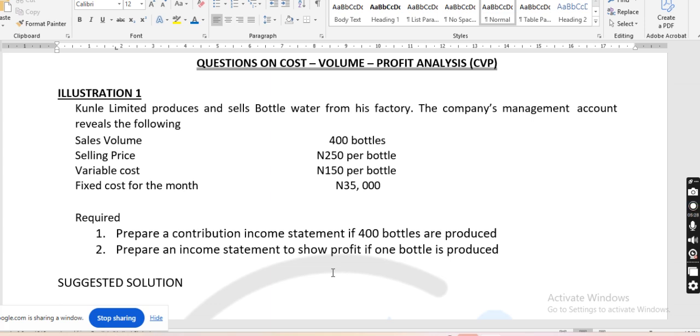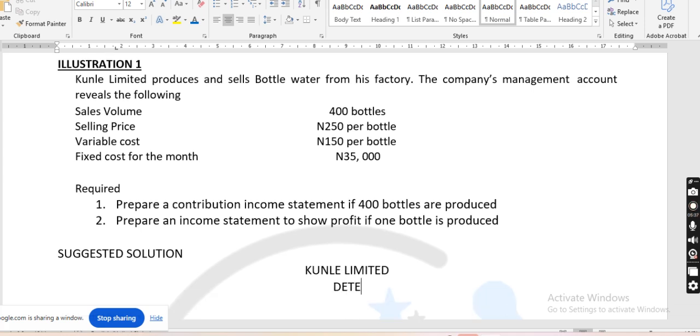Now, the name of the company, don't forget presentation. Kunle Limited, determination of contribution. Prepare a contribution income statement.